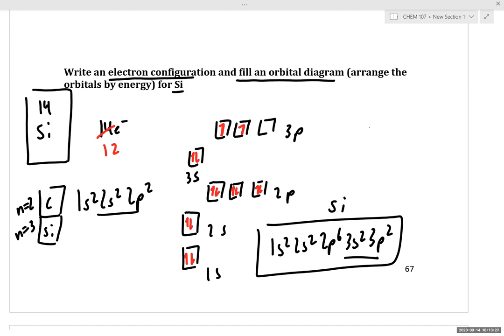Does everyone see how the configuration for carbon and silicon are very similar? Okay, just keep that in the back of your mind when we continue this discussion. Any questions on this example?